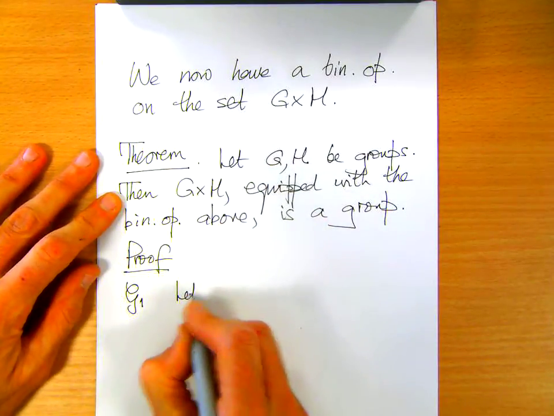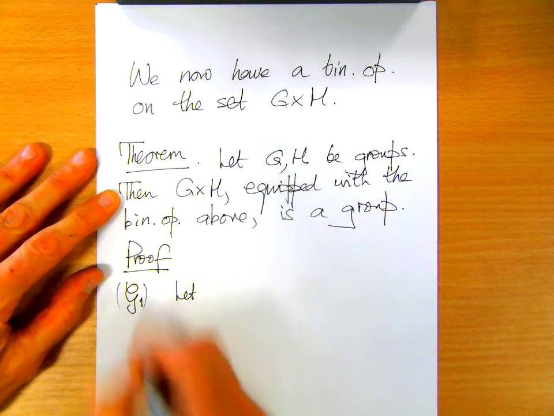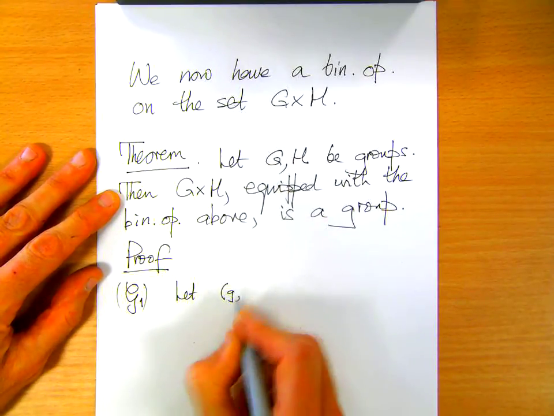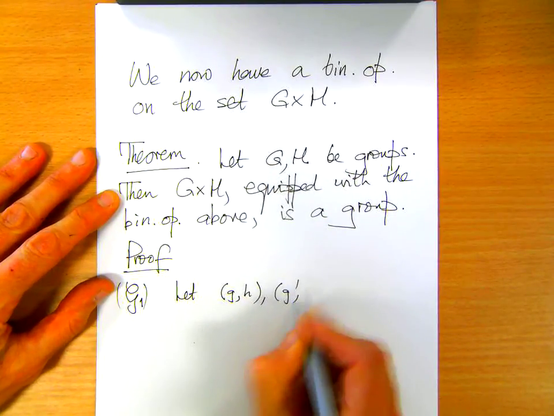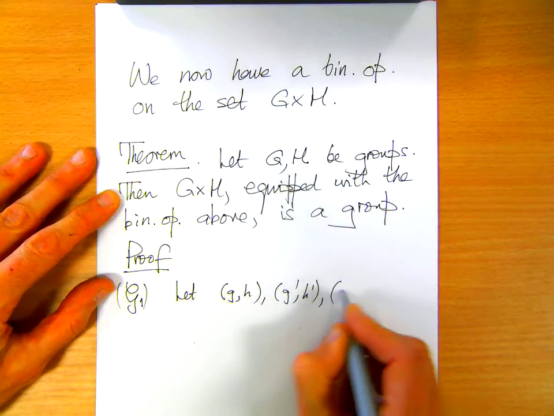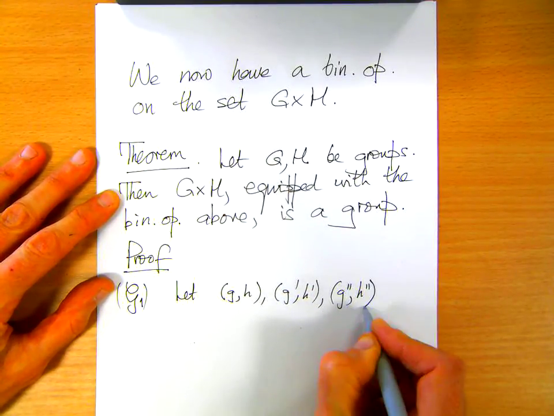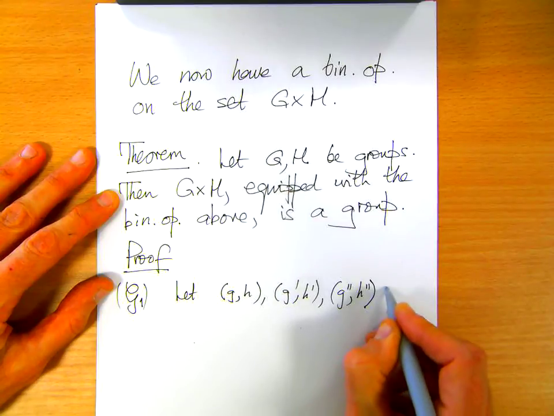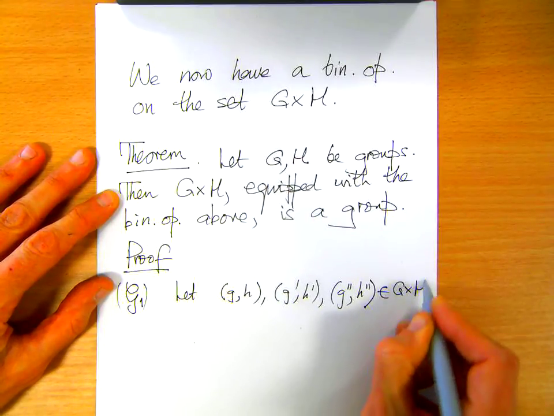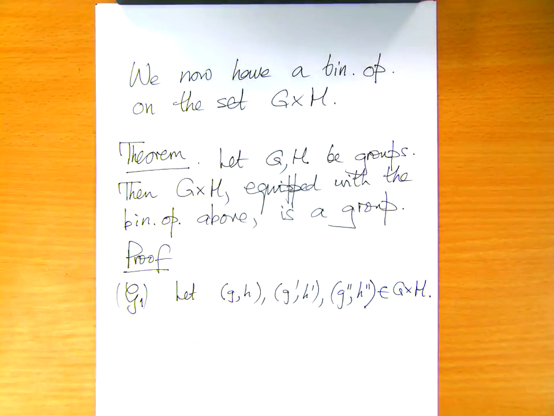So let (g, h), (g', h'), and (g'', h'') be in G cross H. Those are our three elements of G cross H, and I just want to prove associativity.